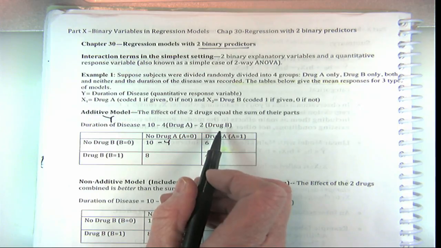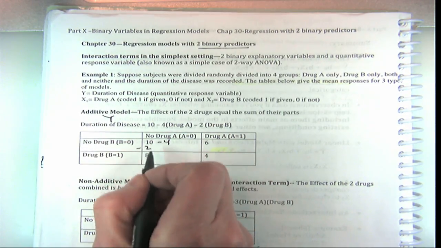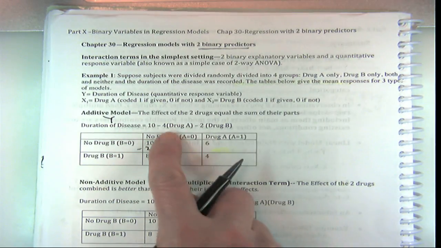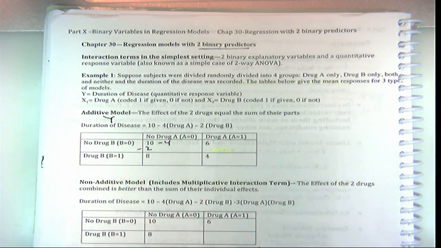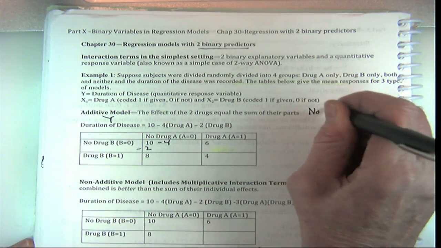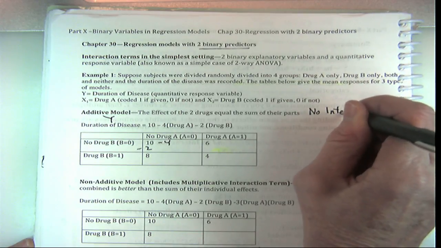Then the effect of drug B is minus 2. That brings it down to 8. And then if you take both of them together, it's just an additive effect: minus 4 minus 2, and you get 4. The picture would be very simple. This is no interaction. The drugs don't interact. They're just the sum of their parts.